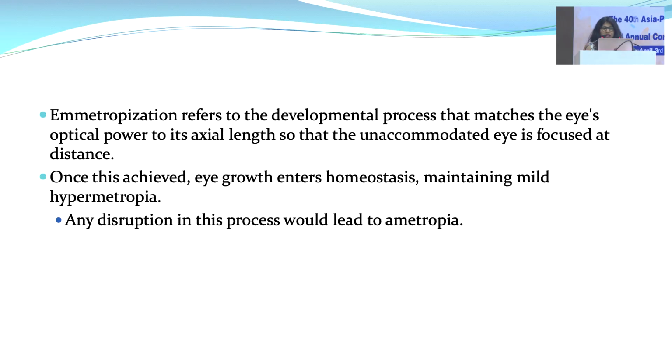Once this is achieved, the eye growth enters homeostasis, maintaining a mild hypermetropia. That's what is actually happening. But any kind of disruption at this point can lead to ametropia, whether astigmatism, hypermetropia, or myopia.